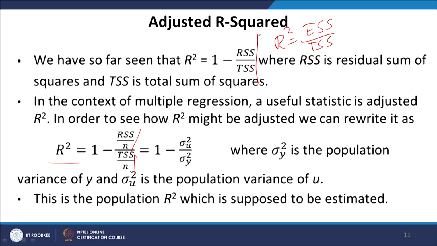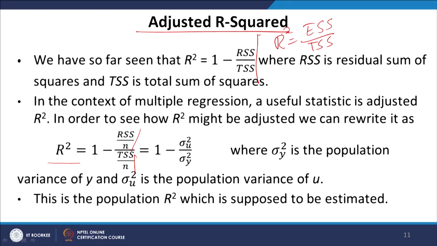Now, in this context, let me tell you very briefly that when we talk about adjusted R square, the original R squared value is adjusted for degrees of freedom. How do we adjust it? I am going to explain now. This population R square is generally estimated along with a sample regression analysis.